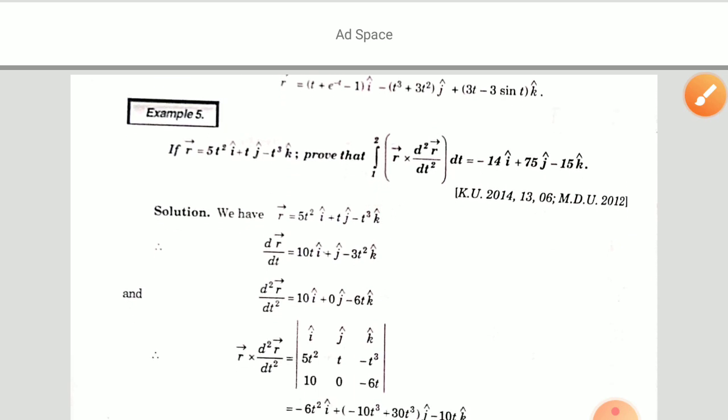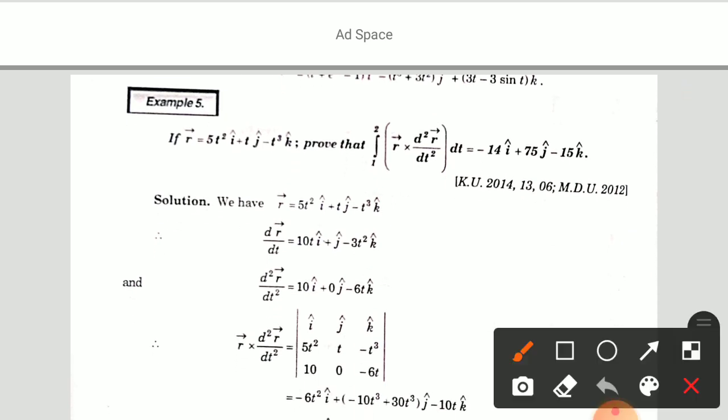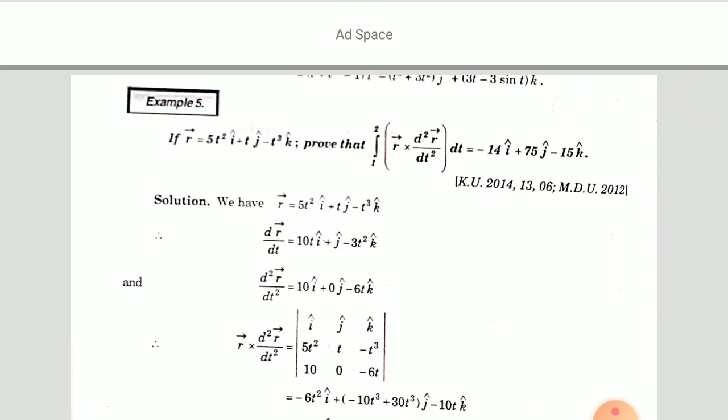Now taking example number 5. If r is equal to 5t square i plus tj minus t cube k, prove that the integration of r cross d square r by dt square from 1 to 2 is equal to minus 14i plus 75j minus 15k.